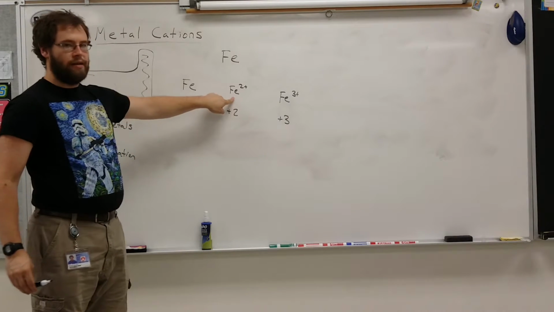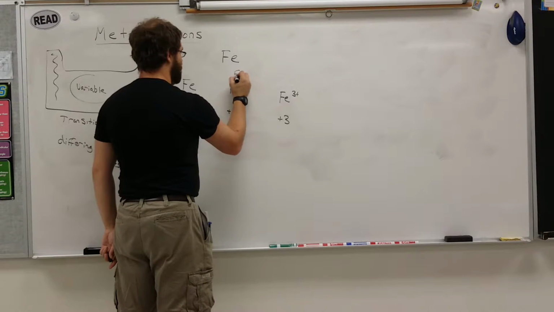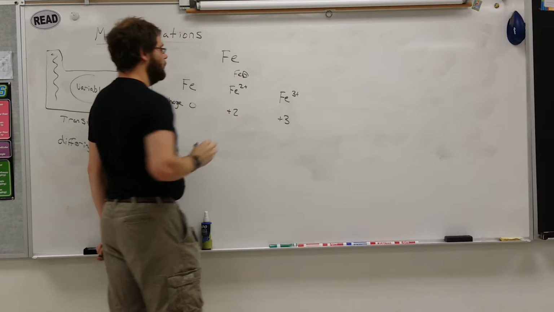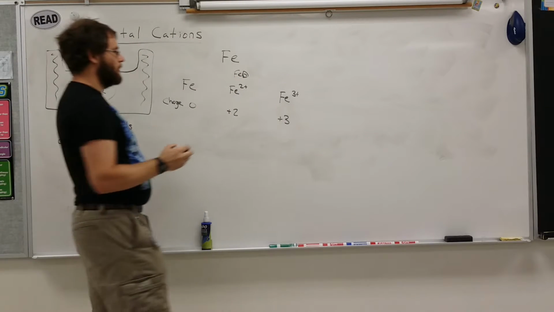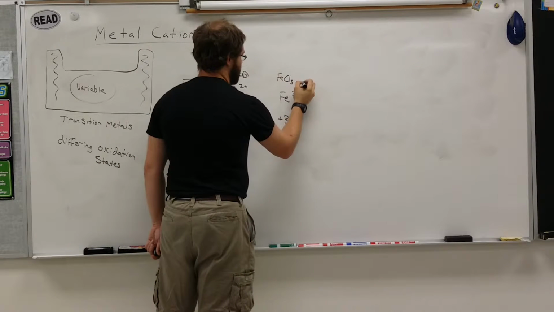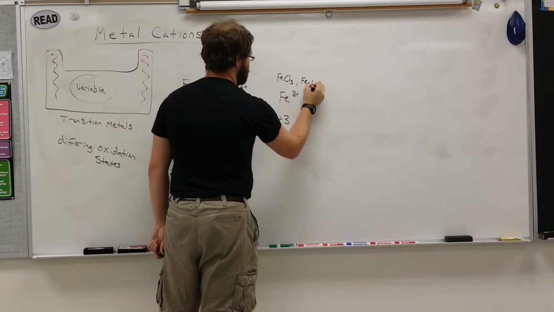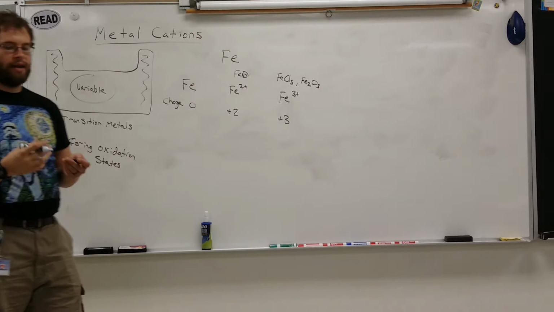Iron 2+ is in a lot of oxygen-based compounds, for instance FeO. Or, in Fe3+, there's a couple different iron compounds that have that in there, like FeCl3 and Fe2O3. Different sorts of things have different ions, and they're useful for making different things.